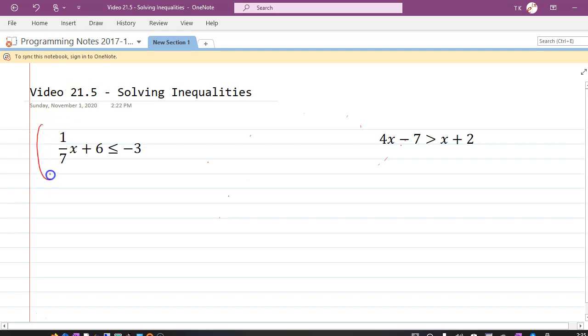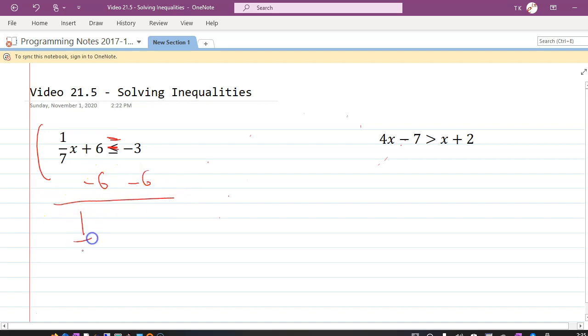We are doing solving inequalities, so let's get started. Let's look at this first example right here. I want to open by saying that the process of solving an inequality is pretty much the same as solving an equation. If I imagine that this is an equal sign instead of a less than sign, and I just solve this as an equation, I'm pretty much good to go. Minus 6, minus 6.